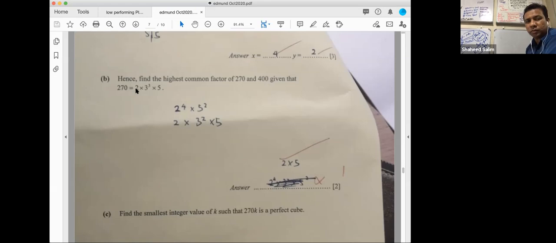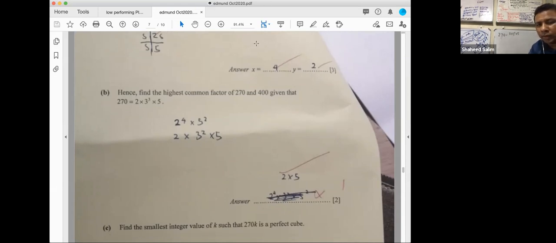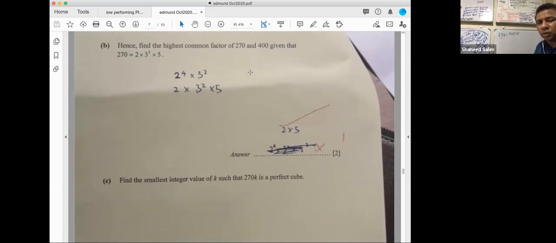Here we go. 270, according to the question, is 2 times 3 to the power of 3, times 5. Now the question is saying, find the smallest integer k such that 270k is a perfect cube.